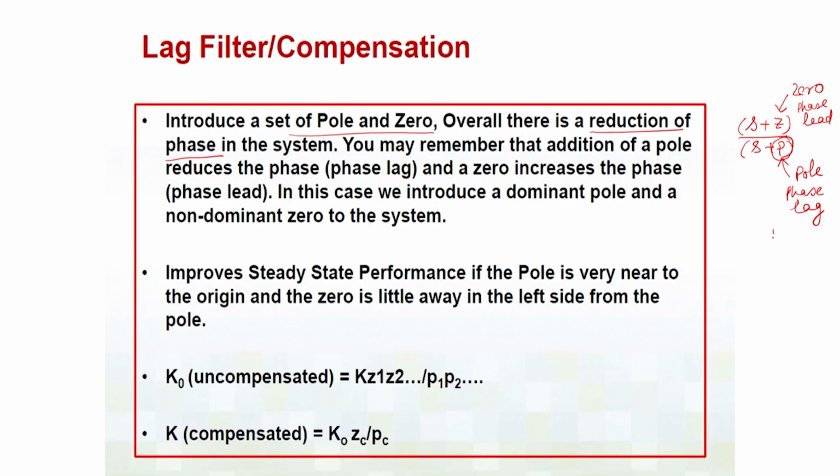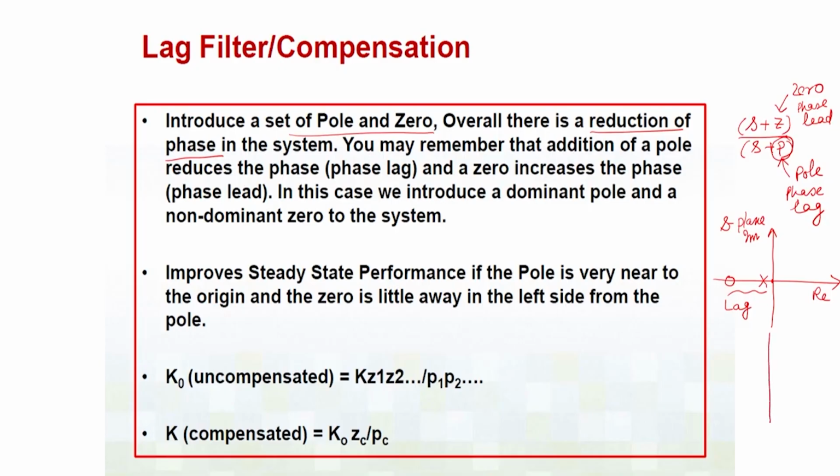Well, if you look at the S plane, let us say this is the real and this is the imaginary axis, then you would see that if a pole is closer to the origin in comparison to the 0, then this is called a lag compensator.